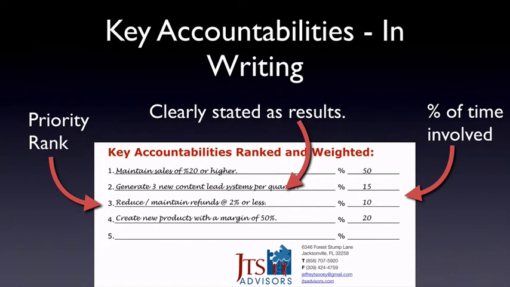For instance, an accountability could be the most important thing, but maybe it only takes 10% of that team member's time. Or maybe something's fourth on the ranking scale of importance, but it takes 75% of the team member's time. You think that might be important for a team member to be aware of, or for you as the manager to be aware of as well?